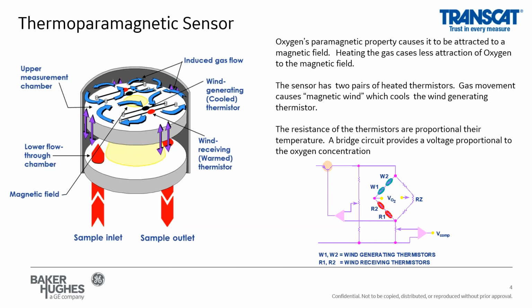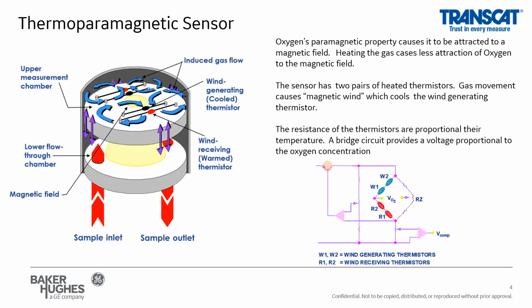In our measurement cell, we have two sets of thermistors that essentially act as small heaters. We also control the temperature of that cell to a pretty accurate value. We're controlling to 45 degrees C, or 60 is about 122 degrees F, or 140 F if it's 60 degrees C.